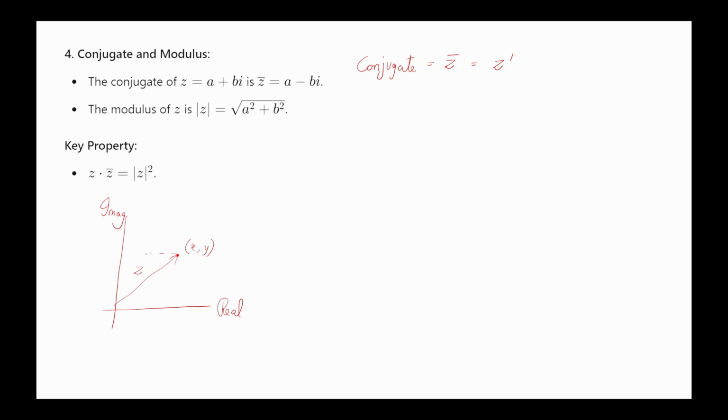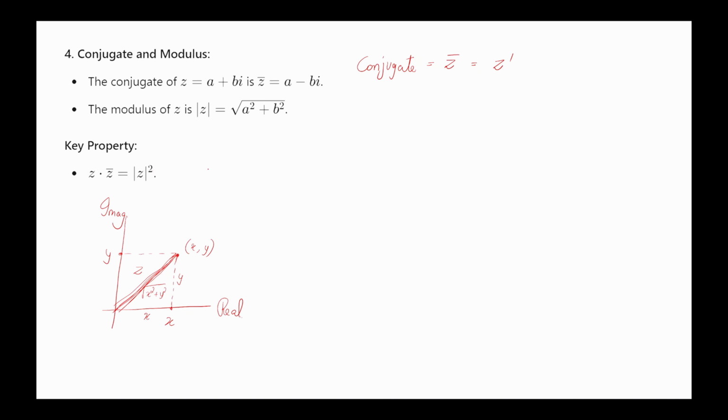So here I'm going to have Y, and in my real axis I'm going to have the value X. So if I was to find out the modulus, that means I'm trying to find out the length from the origin. I'm trying to find out the distance from the origin. So how can I write it down? My height is Y, my base is X. So this can be found out using my Pythagoras theorem. So it would become root under X square plus Y square. So that is how I find out my modulus. This is what we call the modulus.